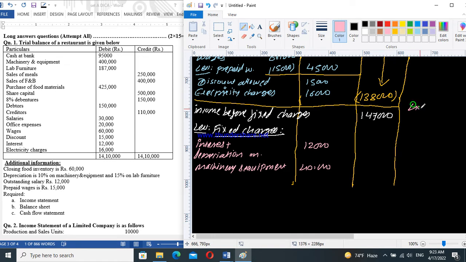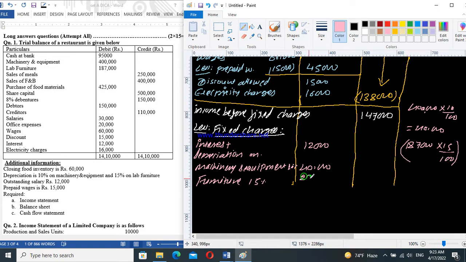We calculate it as 4 lakh into 10 divided by 100, equal to 40,000. Next, furniture at 15% of 1,87,000. Working note: 1,87,000 into 15 divided by 100 is 28,050.